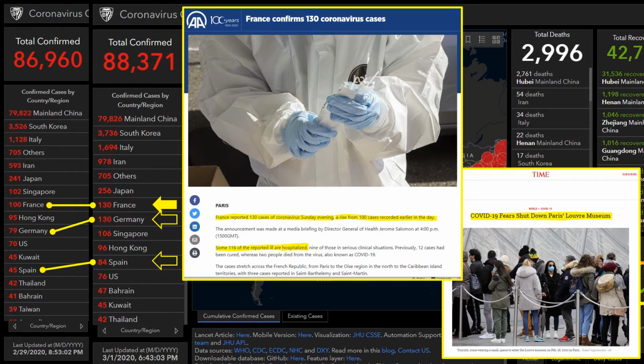So the news out of France today, they confirm 130 coronavirus cases, which is what Johns Hopkins shows. And then another article coming out of France was they shut down the Louvre Museum, and that was not a big surprise. They're trying, just like every other country, to shut down a lot of large gatherings of people.